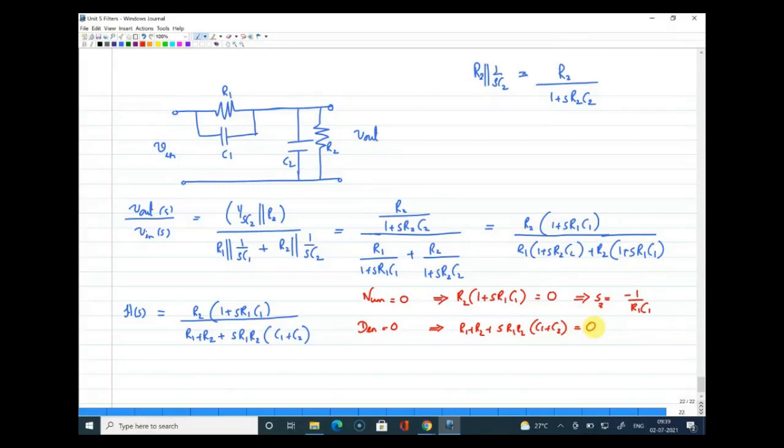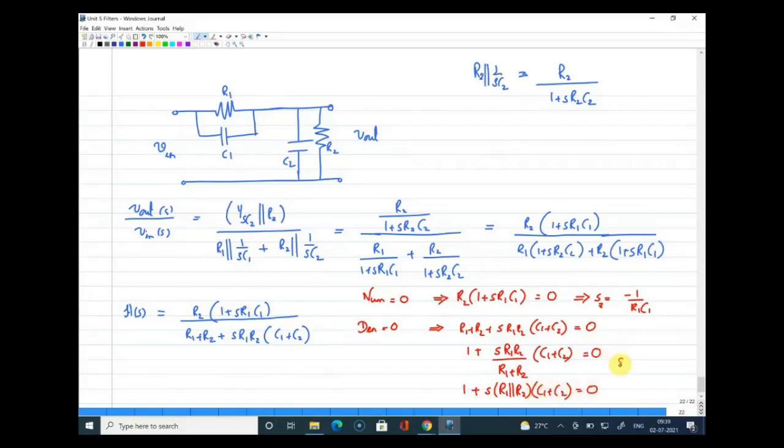That means I can just take R1 plus R2 common from here. So I'll write it as 1 plus S R1R2 divided by R1 plus R2 into C1 plus C2 equal to 0. You can write in any form, but this is R1 parallel to R2 into C1 plus C2 equal to 0.